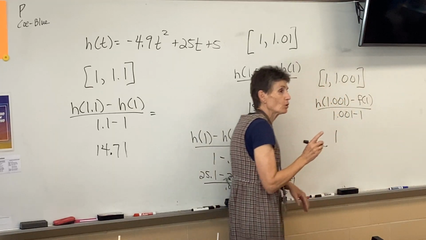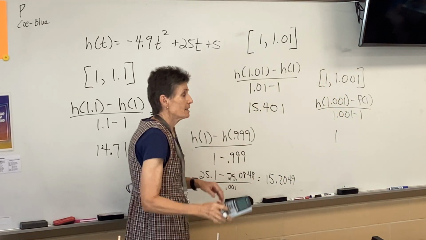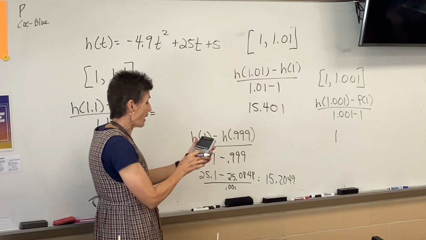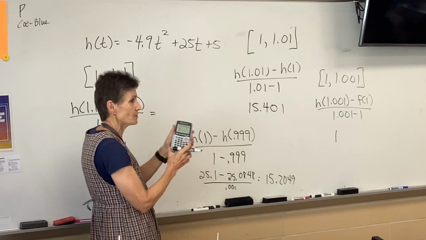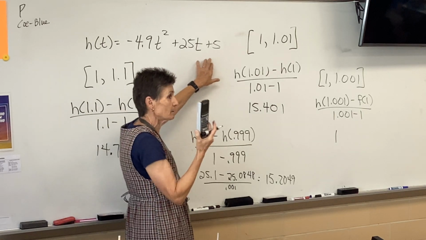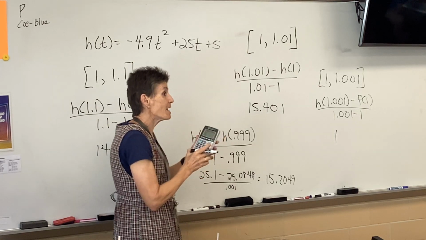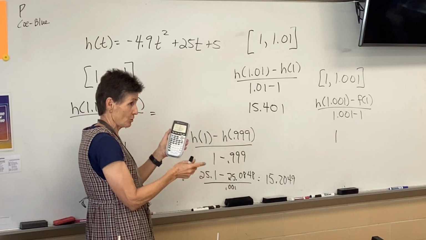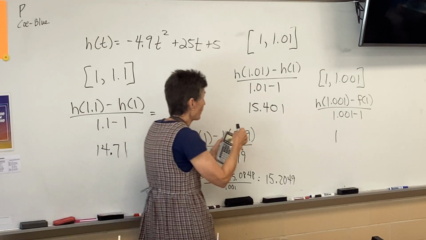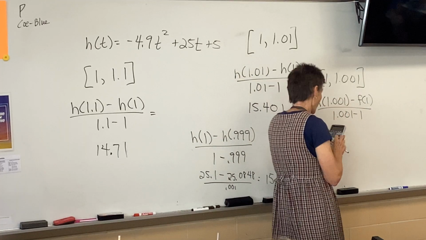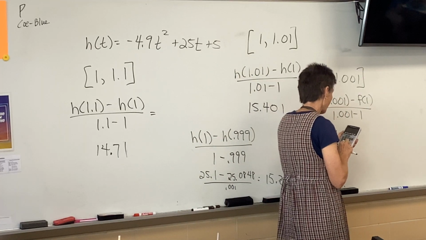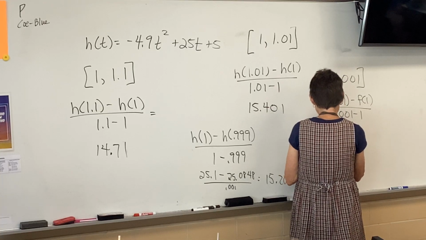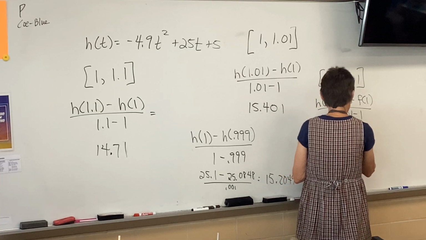I don't know if you thought about this or not, but since we have to plug a whole bunch of numbers into this, I went ahead and put this equation in at y equals, and then I did second trace value, and I just tell it what number I want. So if I want 1.001, it tells me it's 25.115195.